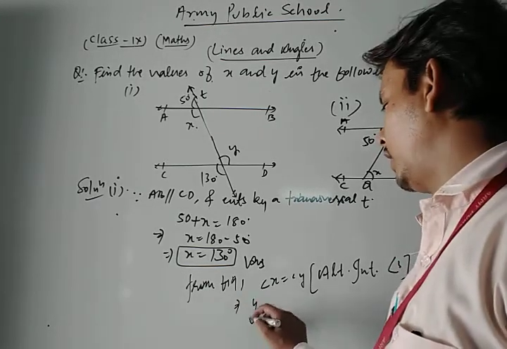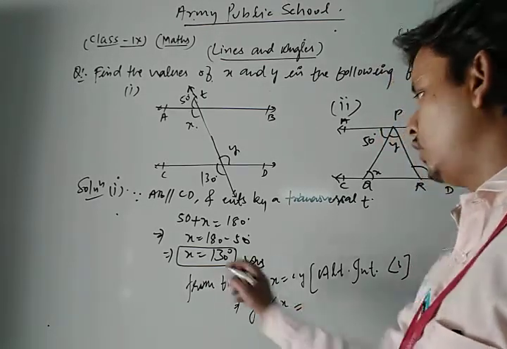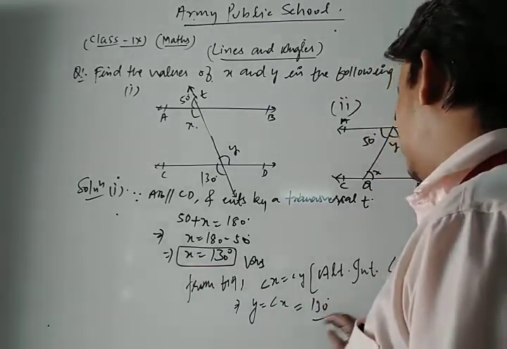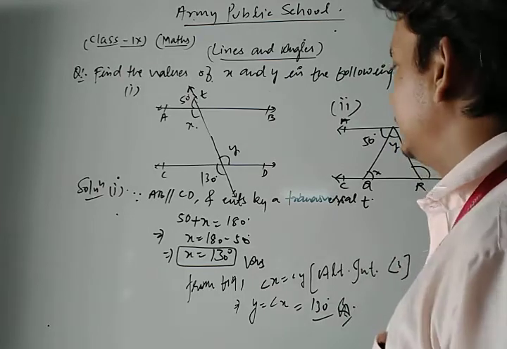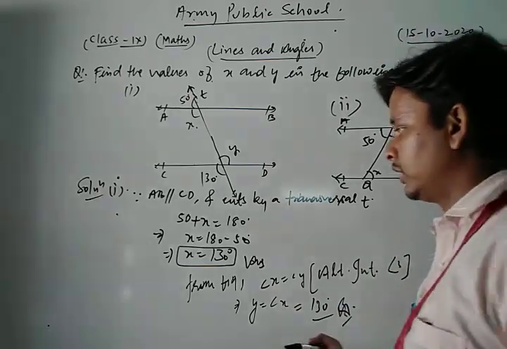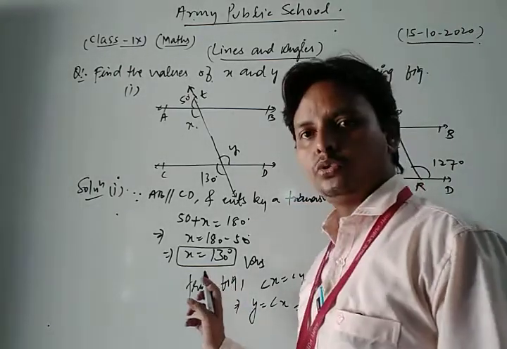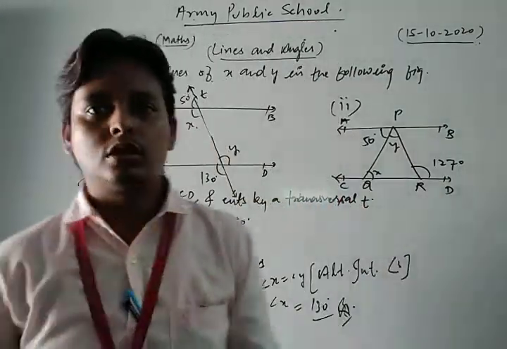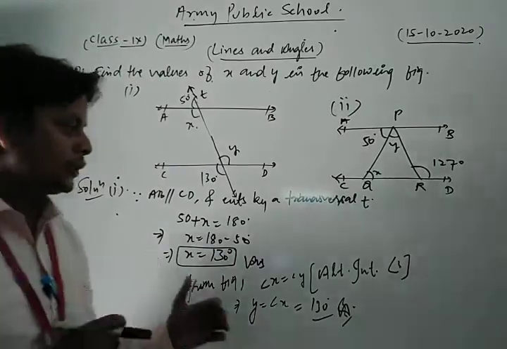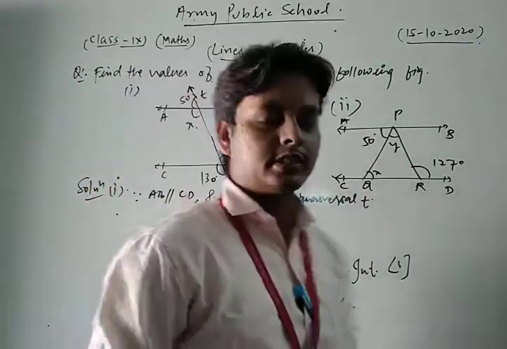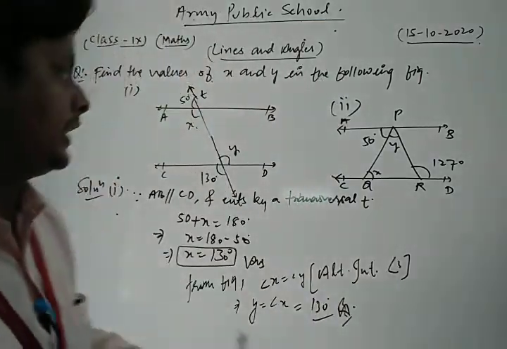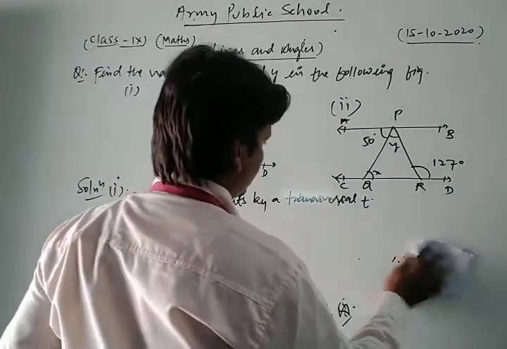The value of x is 130, so the value of y is 130 and the value of x is also 130. In this way, dear friends, you can solve each and every question of your NCERT exercise based on lines and angles. Now similarly, we take and solve the next part of this question.